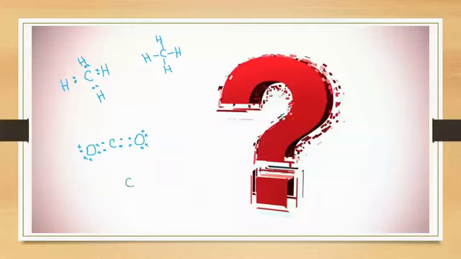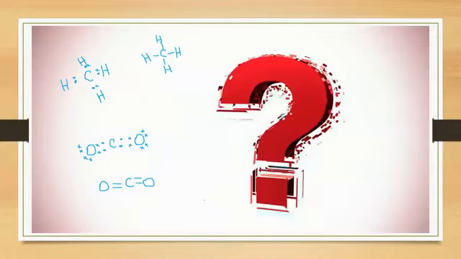So in the case of carbon dioxide, we write O double bond C double bond O. This is the carbon dioxide molecule where the carbon atom combines with 2 oxygen atoms by double bonds.